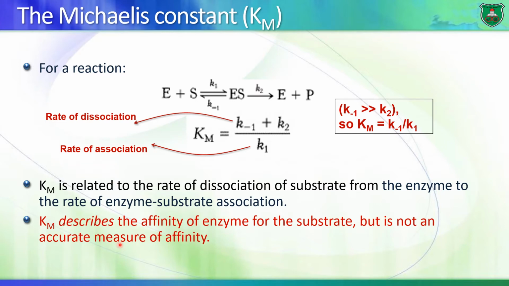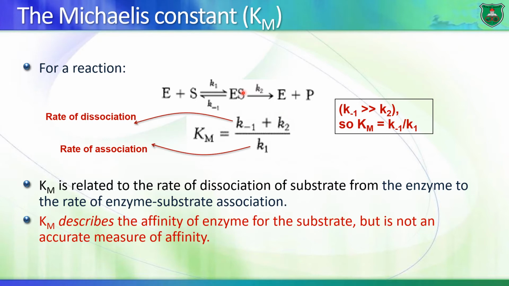So Km again describes the affinity for the substrate, but it is not an accurate measure of affinity. Why? Because you have K2. K2 does not describe the affinity. Rather, it's K minus 1. But okay. So K minus 1 can be much higher than K2.